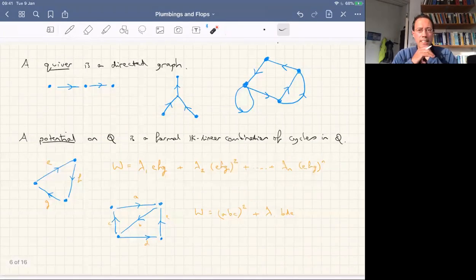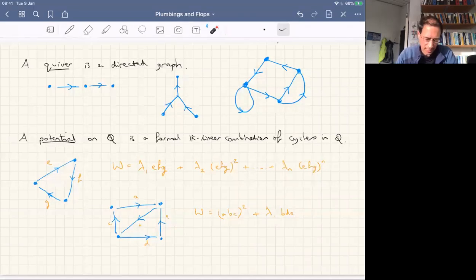But now we're going to take a longish digression and talk about quivers and potentials on quivers, which is probably a story that's more familiar to many of you than to me. So a quiver is a directed graph, okay? And a potential on a quiver is a formal linear combination of oriented cycles.